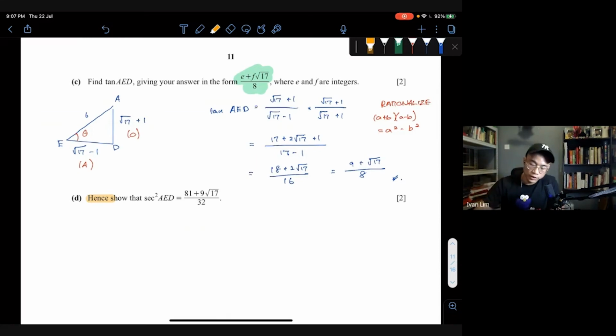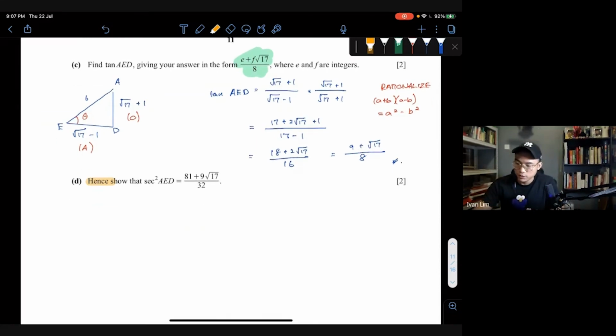So what do I need to do for this? I need to find the relationship between tangent and secant squared. Yes, good. The relationship is 1 plus tangent squared A equals secant squared A.